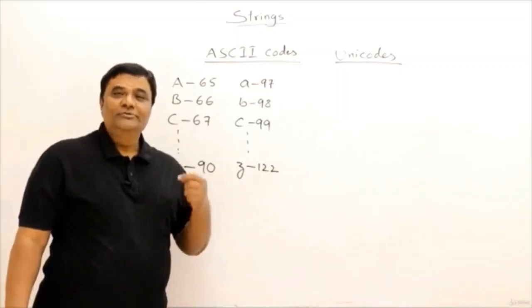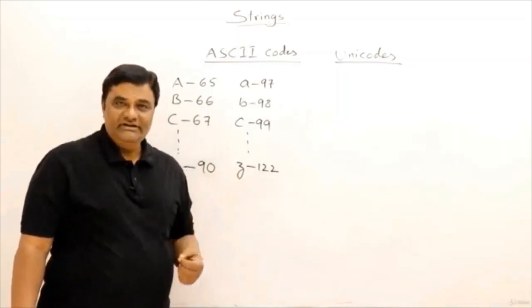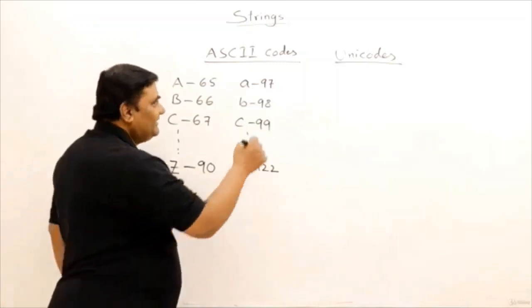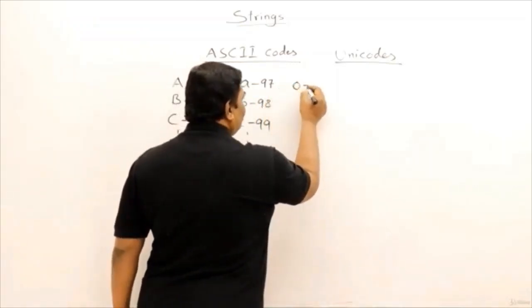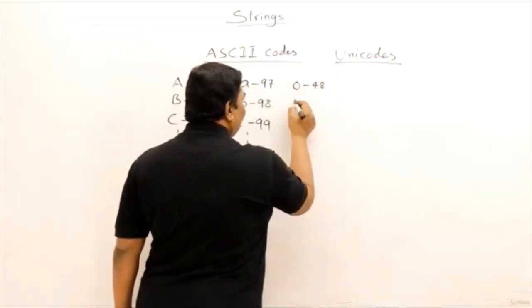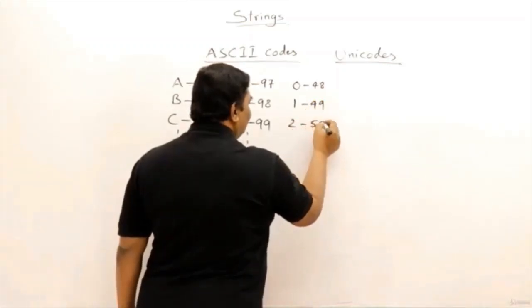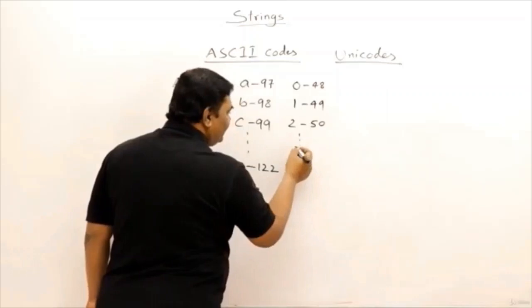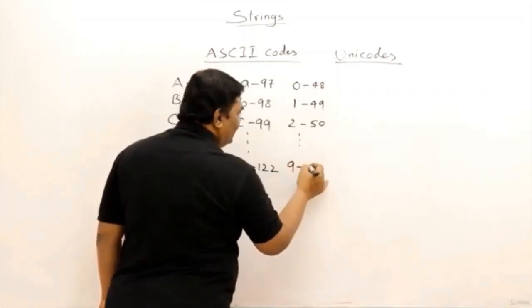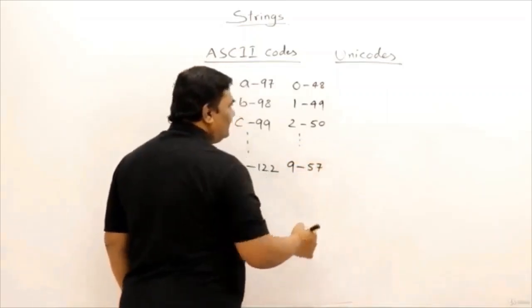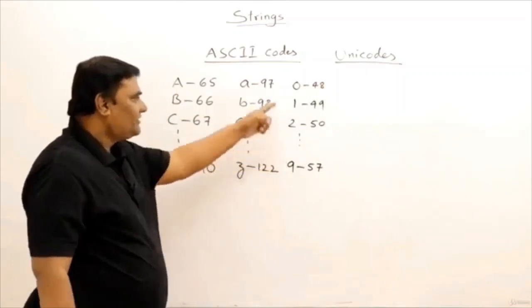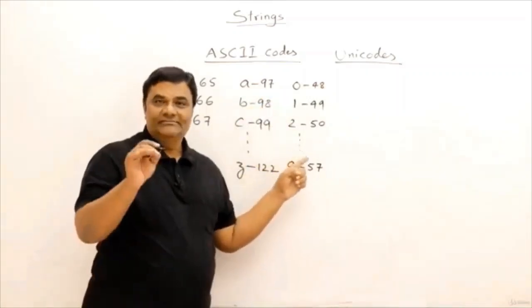Then for numerical symbols like 0, 1, 2, 3 also ASCII codes are there. So what is the ASCII code for 0? It is 48. Then for 1 it is 49. For 2 it is 50 and so on. The last digit is 9, so it is 57. So these are the codes for numerical symbols.